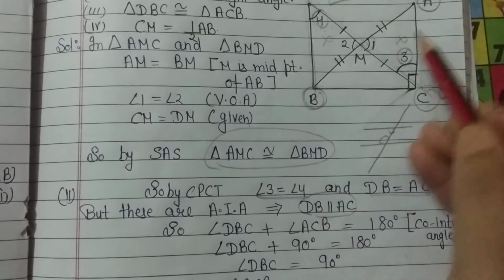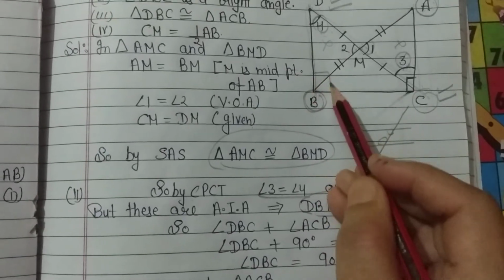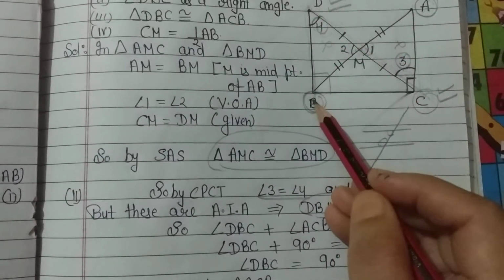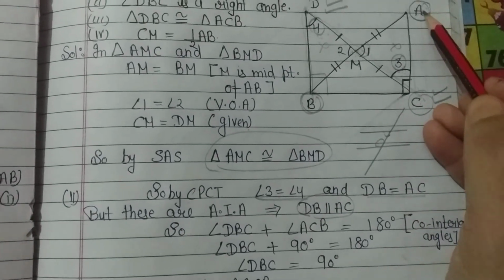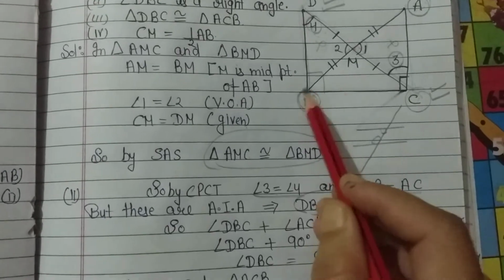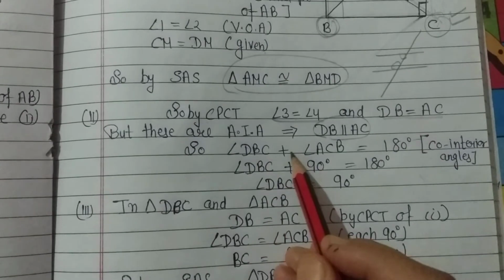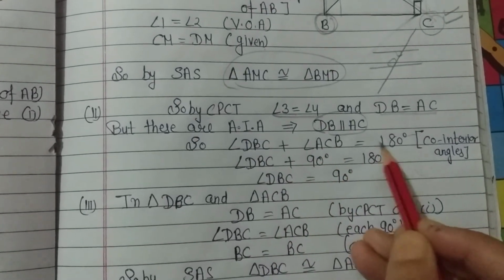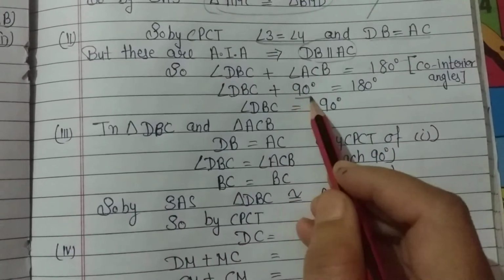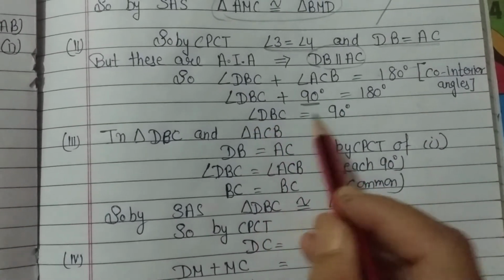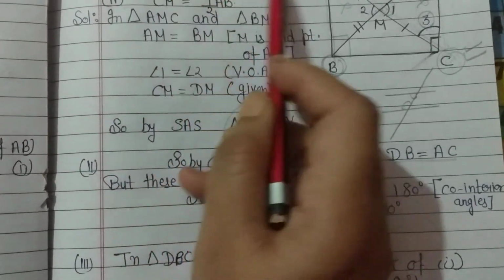Now here DB and AC are parallel lines, BC is transversal. So angle DBC and angle ACB, both are co-interior angles. So angle DBC plus angle ACB is equal to 180 degrees. But angle ACB was already 90 degrees, so angle DBC is 90 degrees. This was the second part. Angle DBC is a right angle.